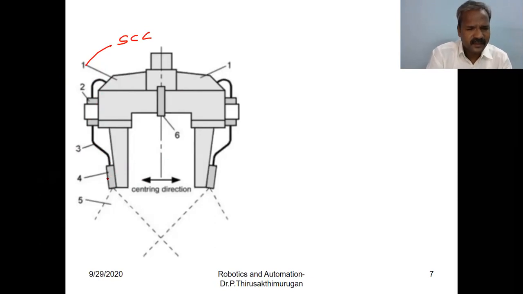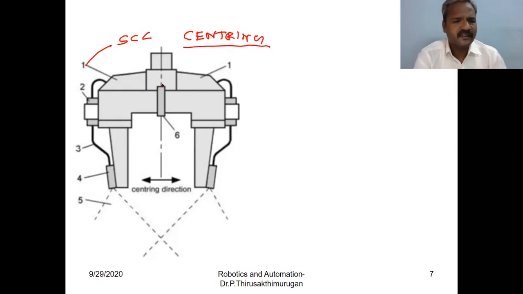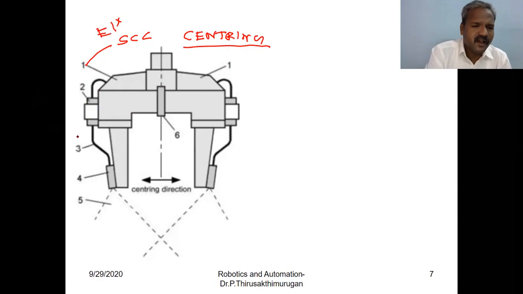This setup is actually for a center direction sensor gripper, for centering the gripper interface. One is the signal conditioning circuit, or simply electronics. Two is the adjustment mechanism. Three is the optical fiber.